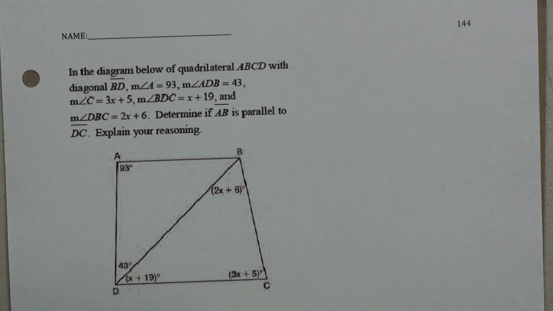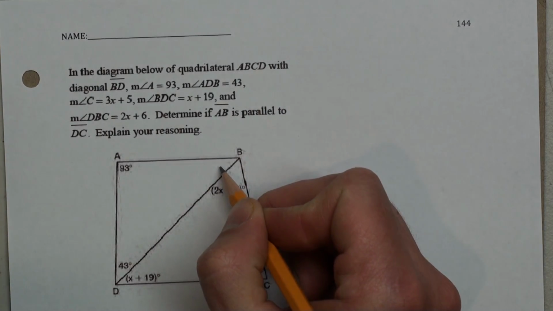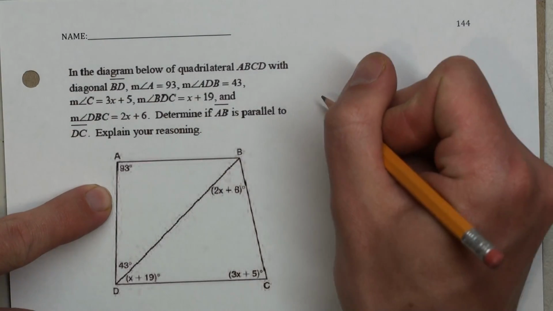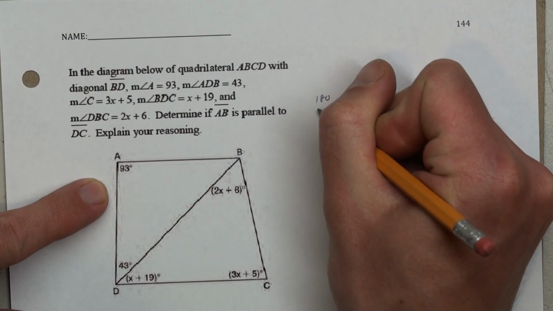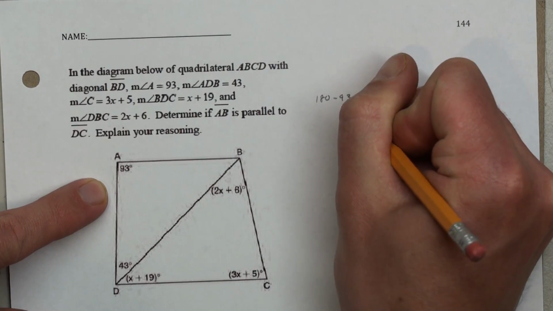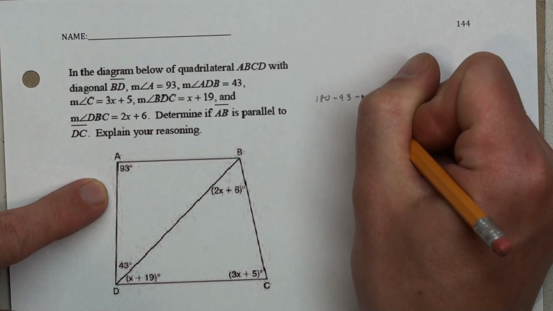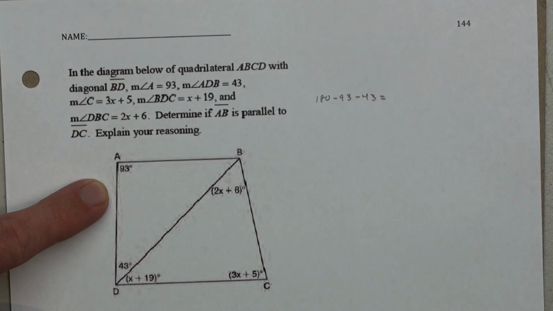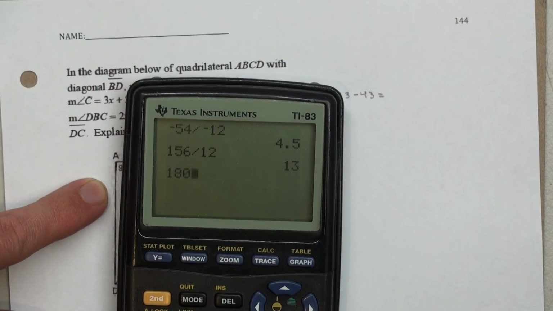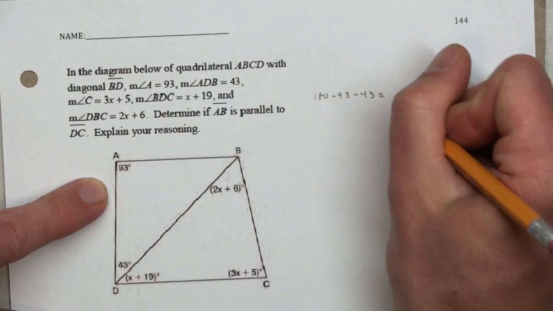Okay. Well, let's see here. We can figure out this angle, right? Because we can do 180 minus 93 minus 43, 44.